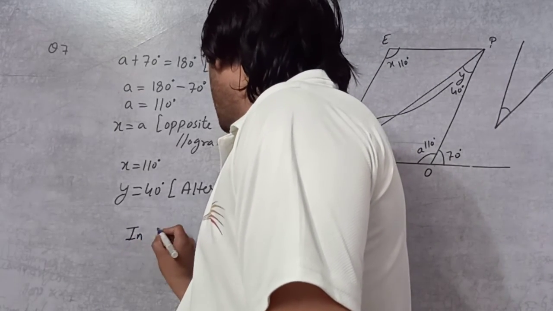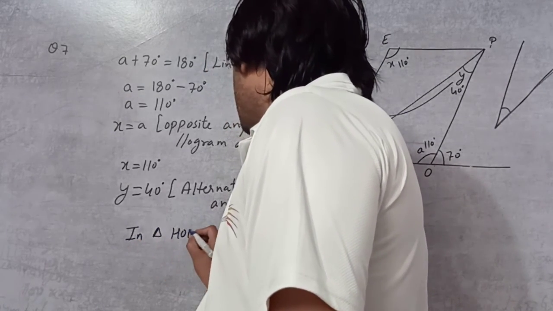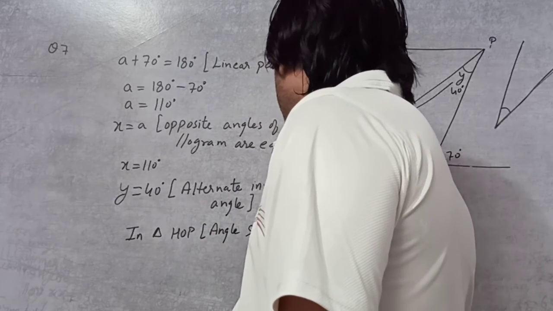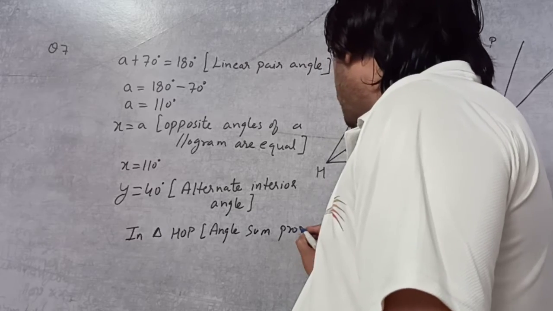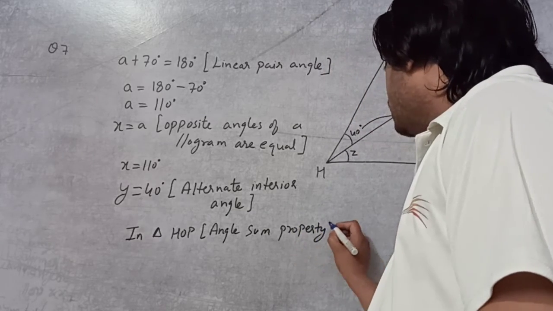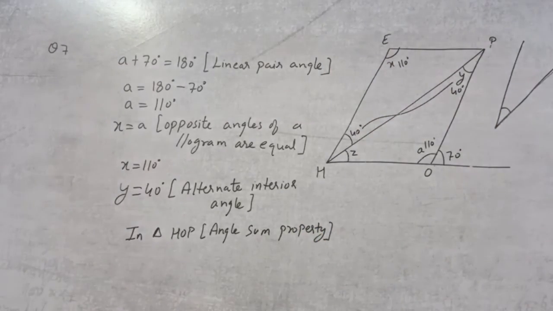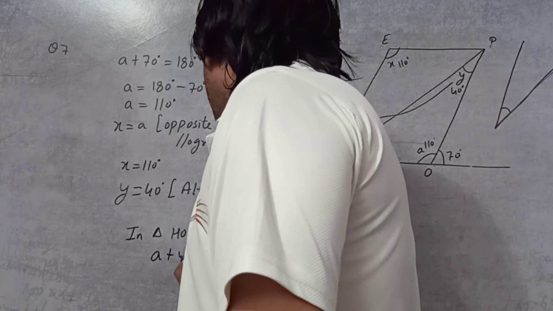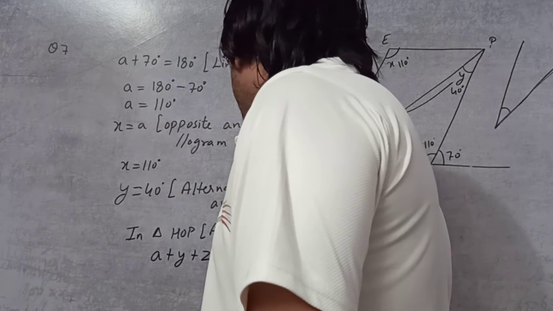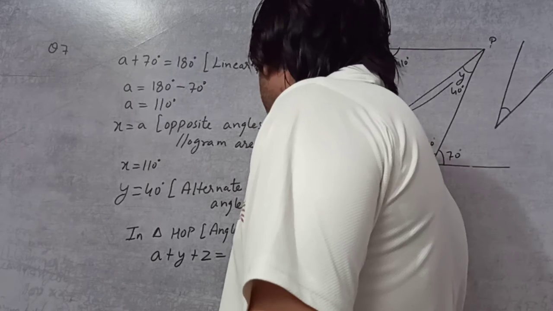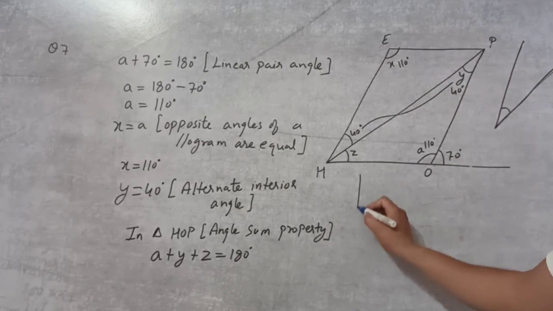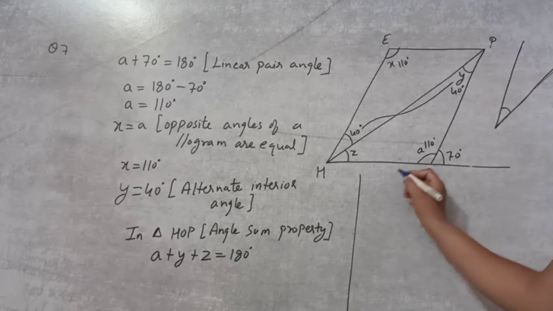So in triangle HOP, with the angle sum property, A plus Y plus Z equals 180 degrees. So we will add Z, A and Y, and it will be 180.